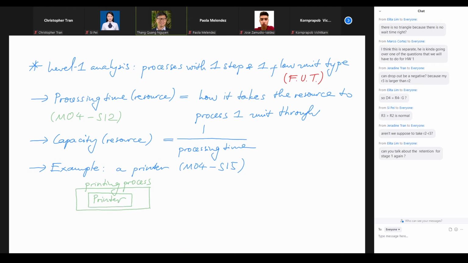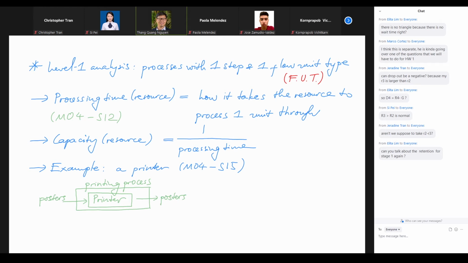So inside FedEx Kinko's, there's a business called the printing business. That's the process. And to do that, they have all of the printers. The posters will come in. In this case, the flow unit are the posters, right? And at the end, the posters will exit, meaning that they are printed out.